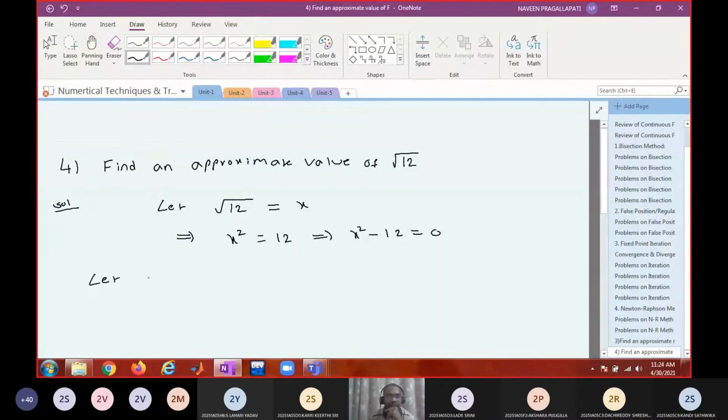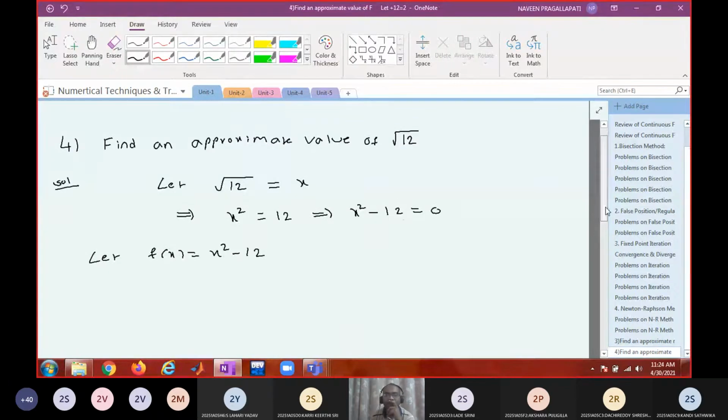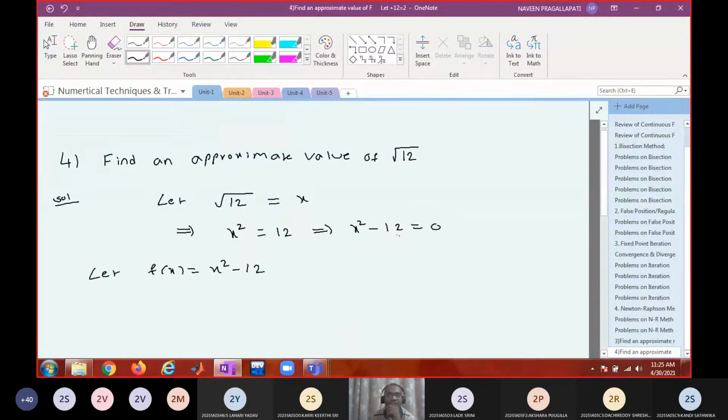So let f of x equal to x square minus 12. We know root 12 is in between 3 and 4 because 3 square is 9, 4 square is 16. So f of x equals x square minus 12, f dash of x is equal to 2x.